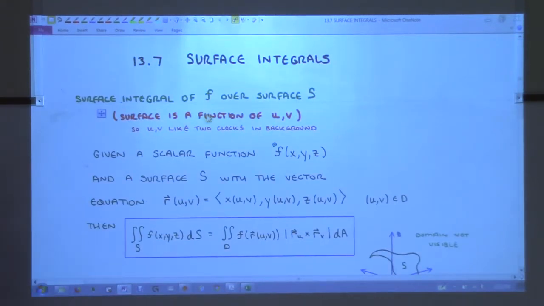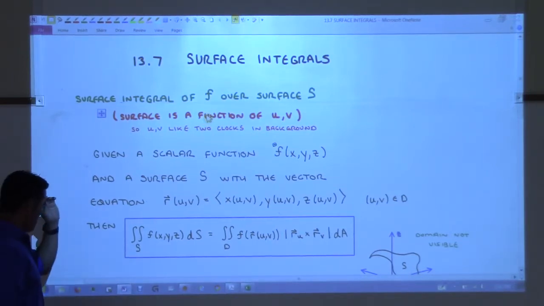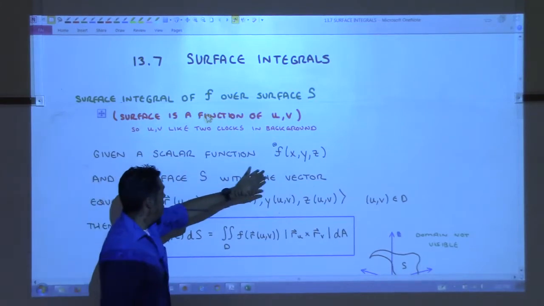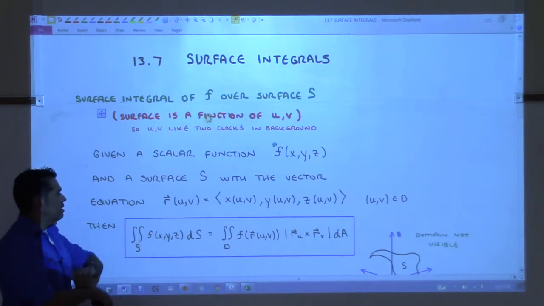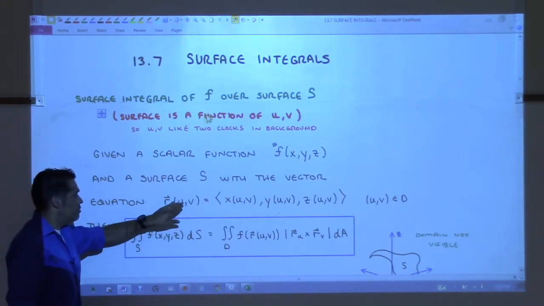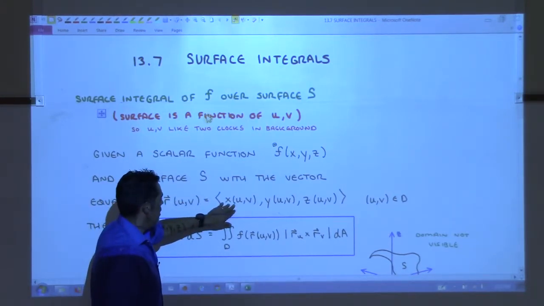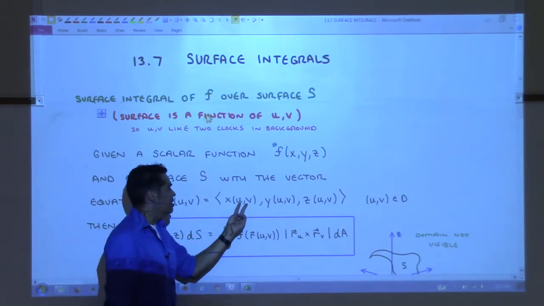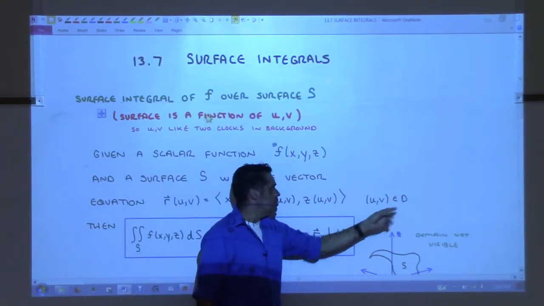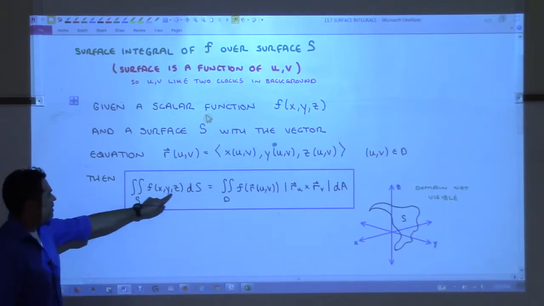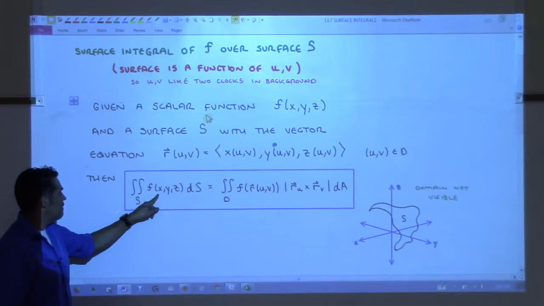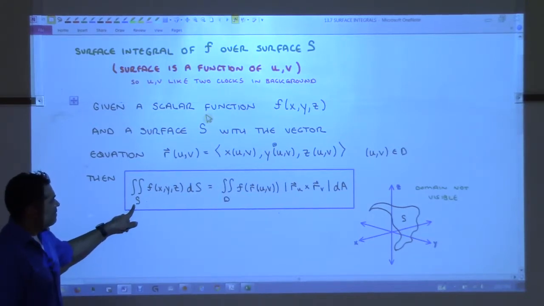So we were talking about surface integrals last time, and we determined that if we're given a scalar function of 3 variables and some surface S where we could come up with the parametric or vector equation that would draw this surface, where our 2 independent variables are u and v, so u and v belong to some domain D, then the surface integral with respect to surface area of the scalar function over the surface S is this.